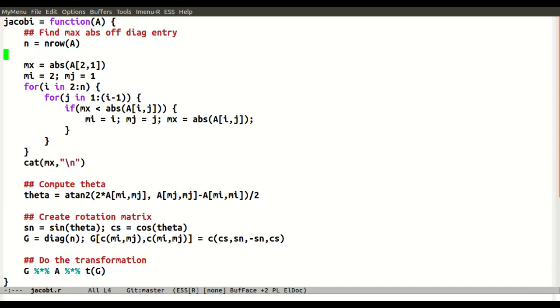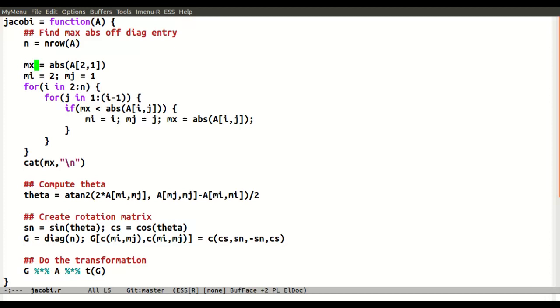Now let's go back to the first step, computing the maximum absolute off diagonal entry. Now R has various ways to find the maximum and the position of the maximum in a list. However, here we will be working with only the off diagonal entries in a matrix, and our aim is not just to find the maximum but also the position of the maximum, the i and j at which that maximum occurs.